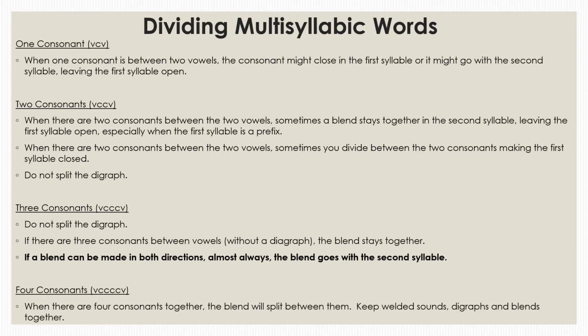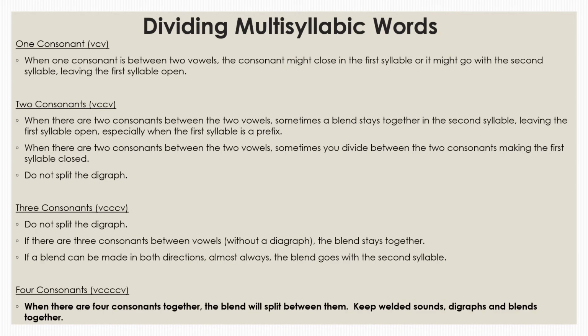If a blend can be made in both directions, almost always the blend goes with the second syllable. When there are four consonants together, the blend will split between them. Keep welded sounds, digraphs, and blends together.